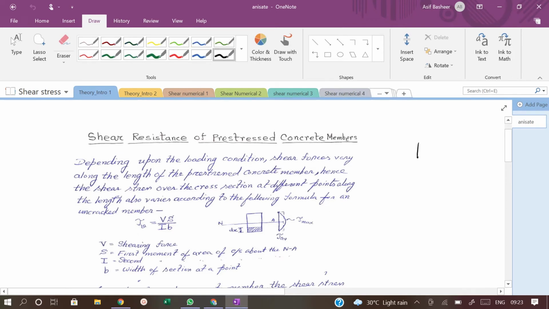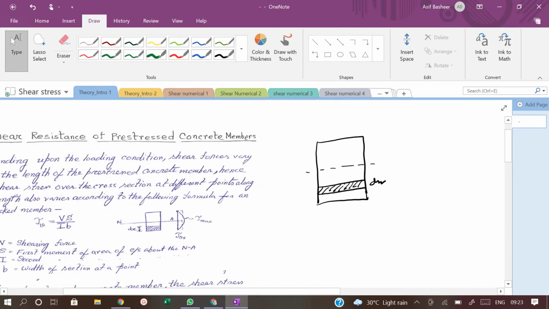That is, for a rectangular section, I can write the shear stress at any point. If I am taking a small element dx, then I can write the shear stress tau v is equal to the shear force at that section into the resistance.